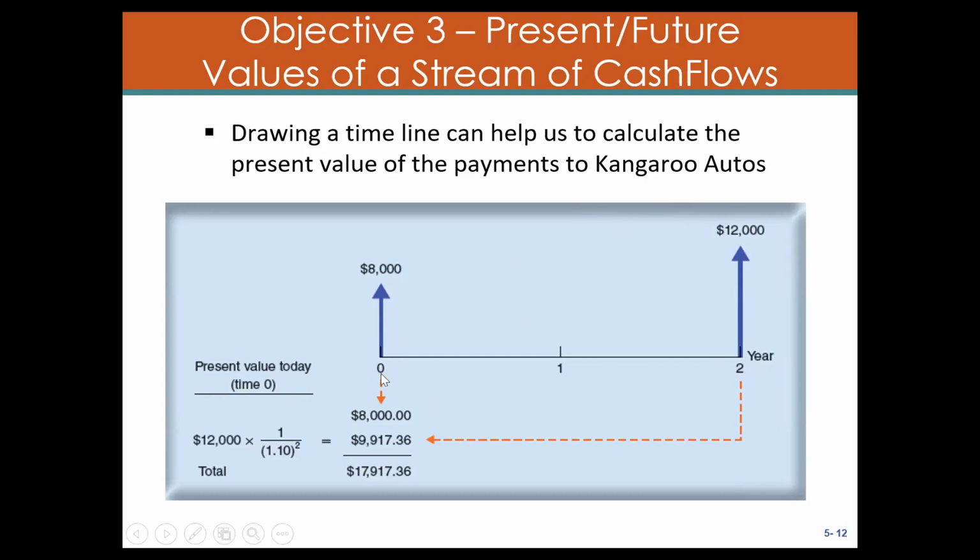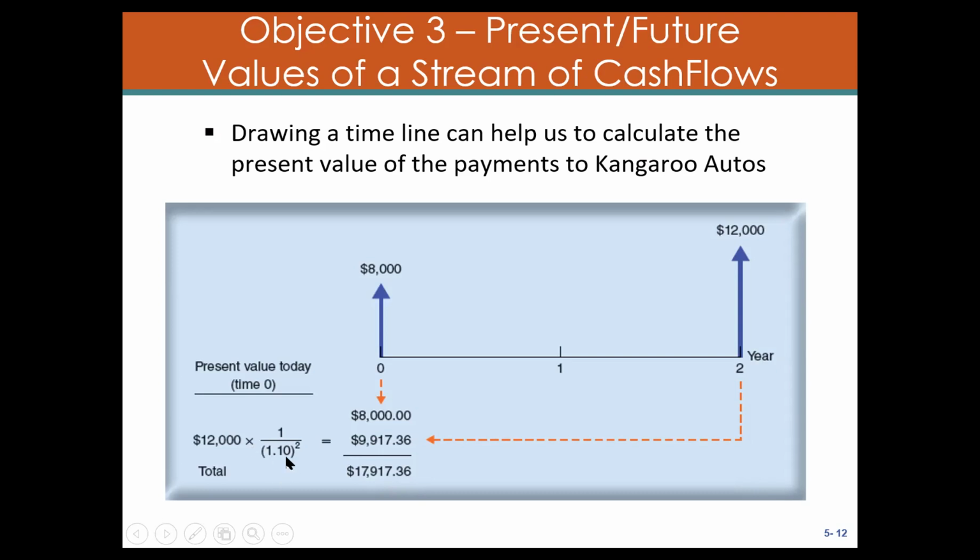Just now, it is $8,000, and then at the end of year 2, you're getting $12,000. The interest rate over here is 10%. So, what is the present value of that today?